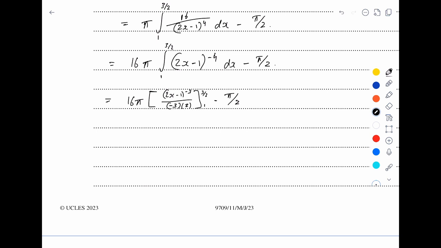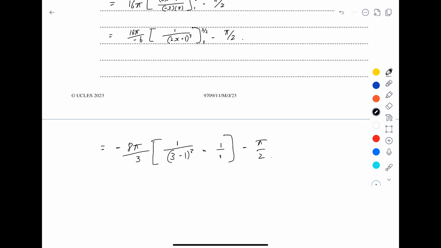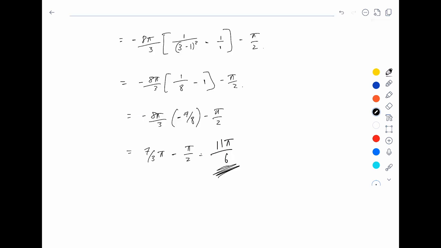Then we minus pi over 2 at the end. Simplifying this down, we get negative 8 pi over 3 times (1 over 3 minus 1) cubed minus 1 over 1, minus pi over 2. Which when we continue to simplify down, gives us a final answer of 11 pi over 6.